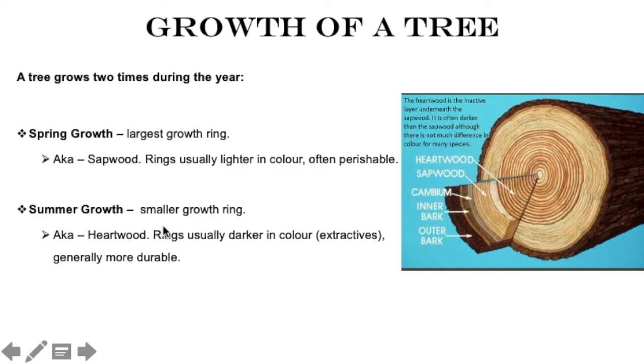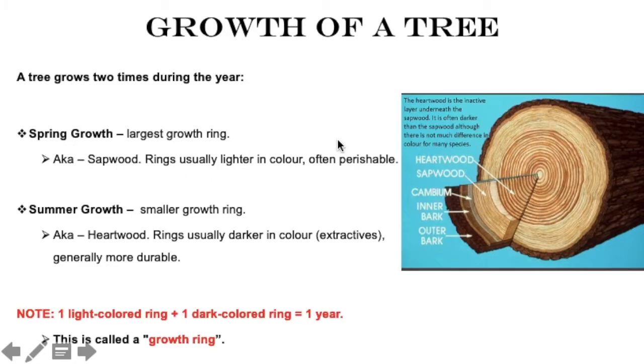And then the summer growth is referred to as the hardwood, which is the darker part of the tree. So these two together, because it grows twice a year, the spring growth and summer growth, together form a growth ring.